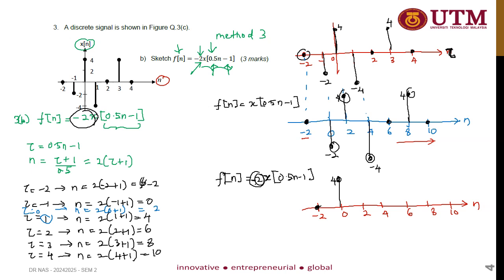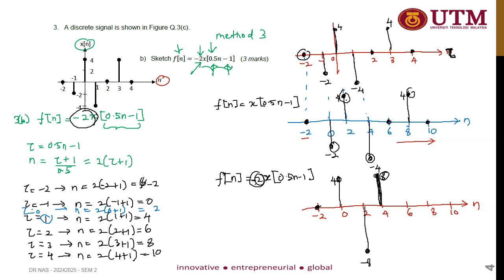And at 2, it is 4, multiplied by negative 2 is negative 8. At 4 it's negative 4, multiplied by negative 2 is positive 8. Please draw this accordingly, but due to limitations I just put the magnitude as 8 here.